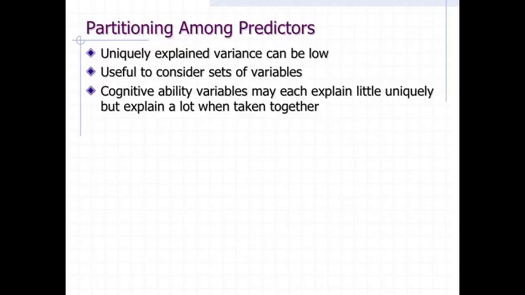The variance explained by the set would include all the variance explained uniquely by the variables in the set as well as all the variance confounded among variables in the set. It would not include variance confounded with variables outside the set. In short, you would be computing the variance explained by the set of variables that is independent of the variables not in the set.